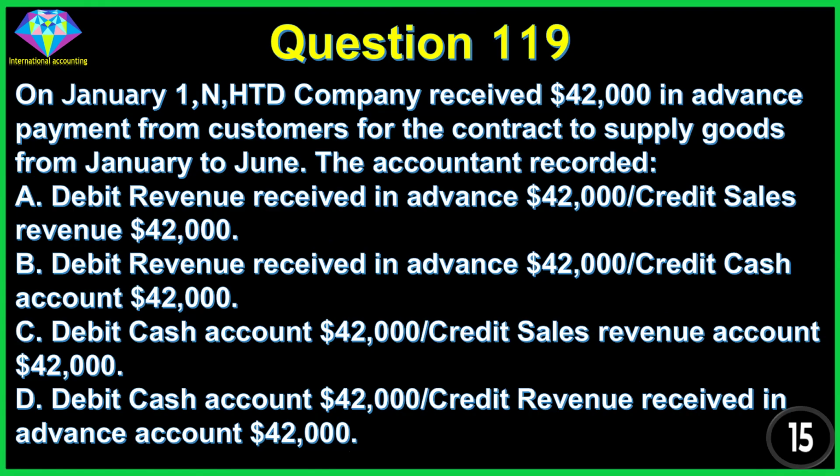D. Debit cash account $42,000 per credit revenue received in advance account $42,000. The answer is D.